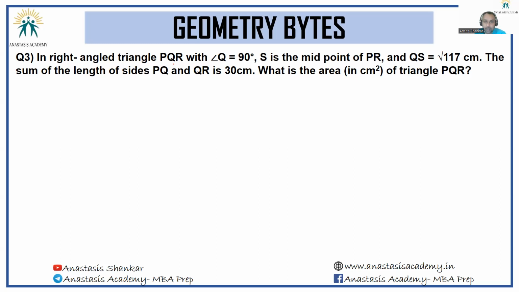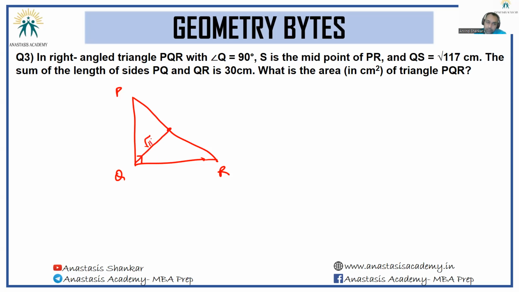In a right angle triangle PQR with angle Q equal to 90, S is the midpoint of PR. Right angle triangle midpoint has to be the circumcenter. And QS is root 117.